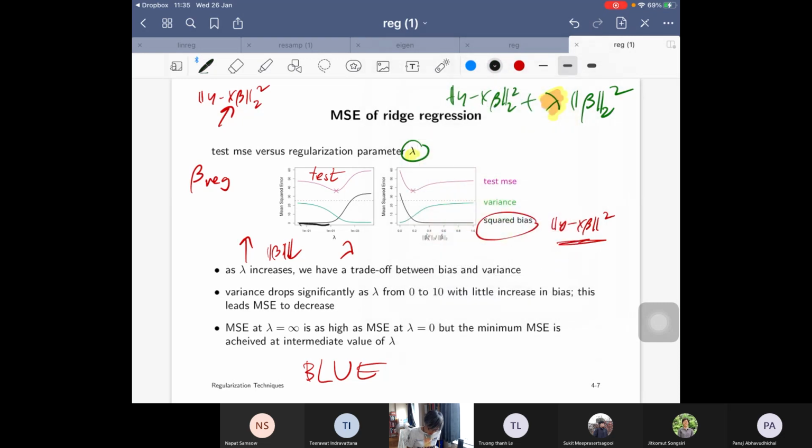So you're going to see that the squared bias increases as lambda increases. At the same time, when lambda increases, the norm of beta is small. And as I said before, that's going to reduce the variance.